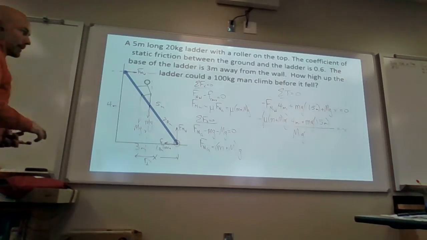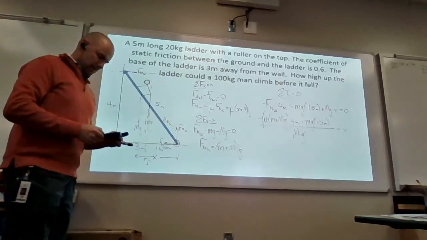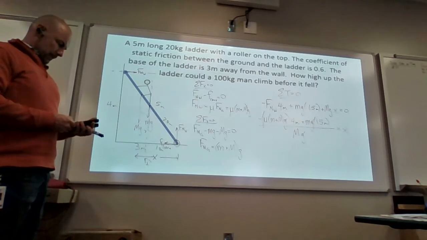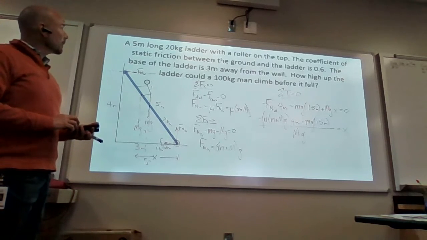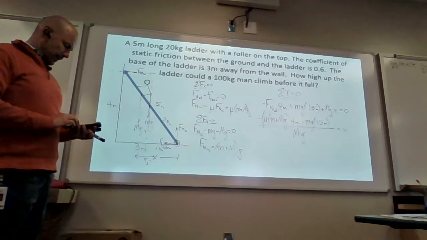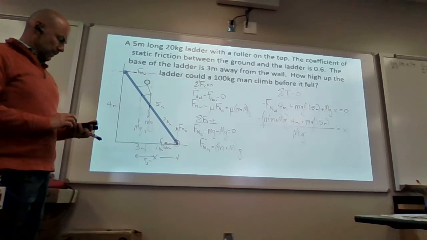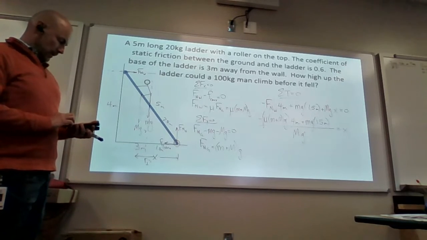So that is going to give us, what are we at, 0.6 times 120 kilograms times 4 minus 20 times 1.5 equals.